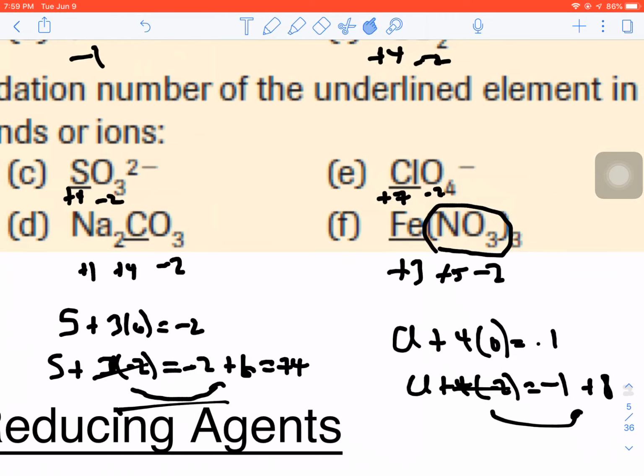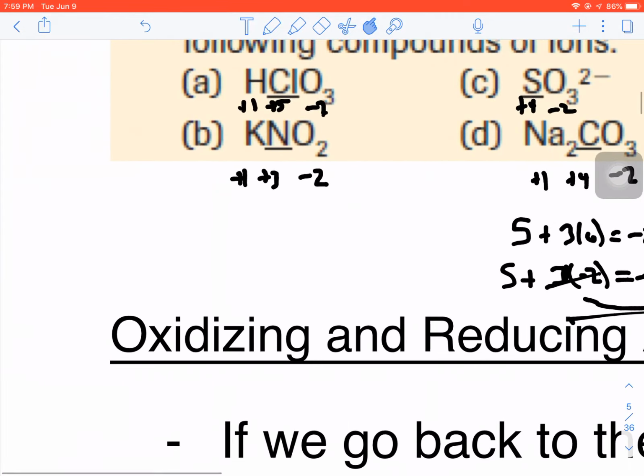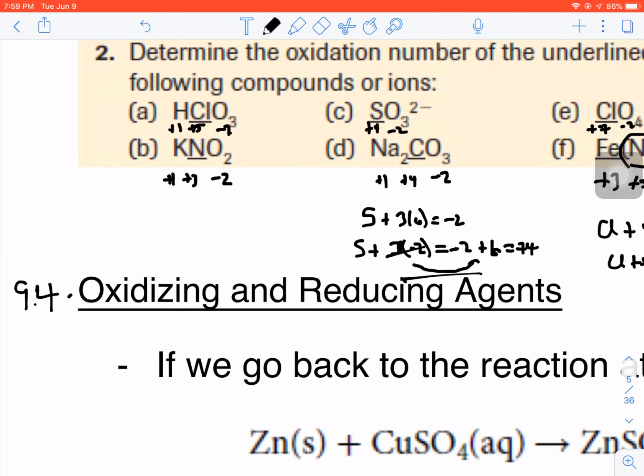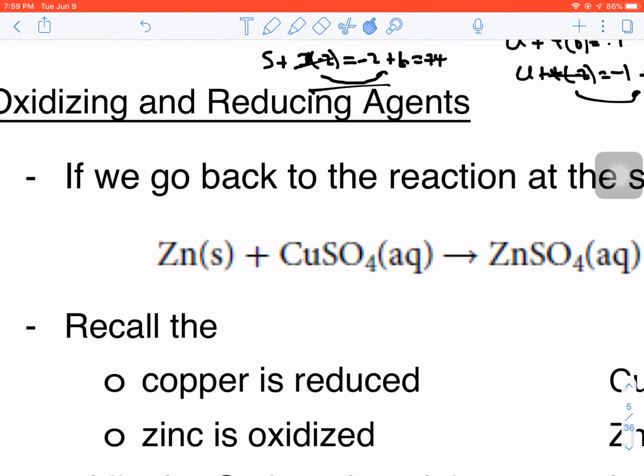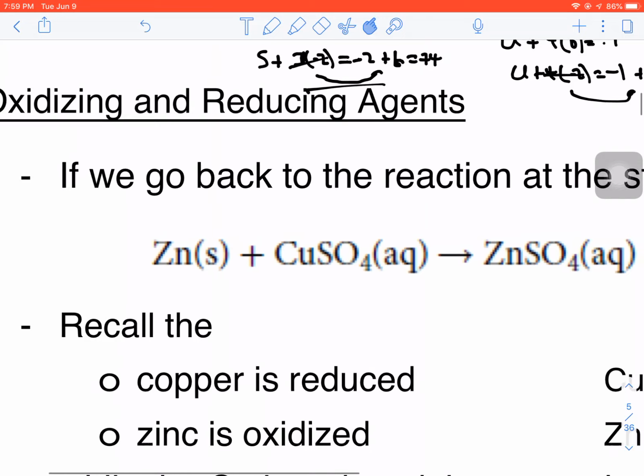Okay, so our short note today is section 9.4 in the textbook. Okay, and that is oxidizing and reducing agents. Now, the reaction that we started this whole unit with was zinc reacting with copper sulfate to make zinc ions plus elemental copper.